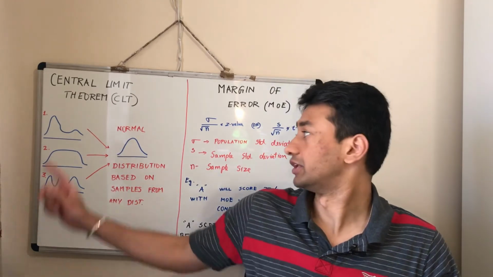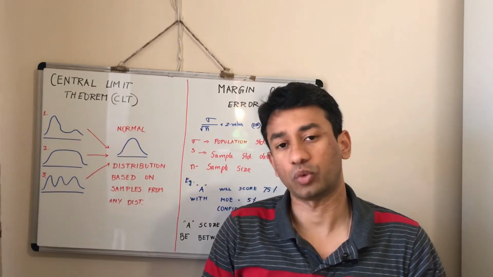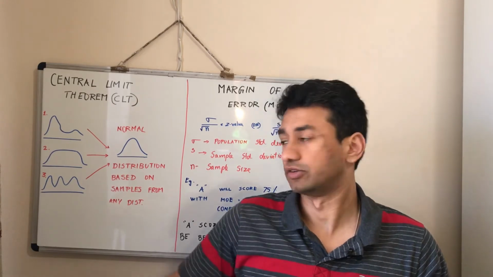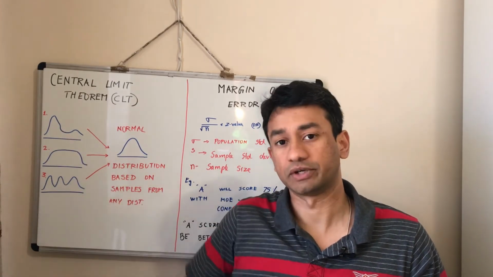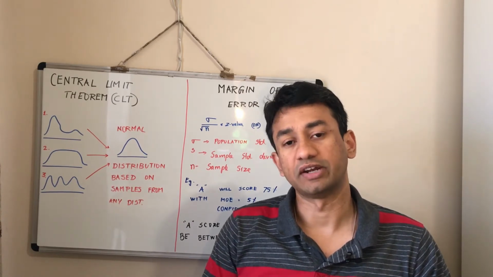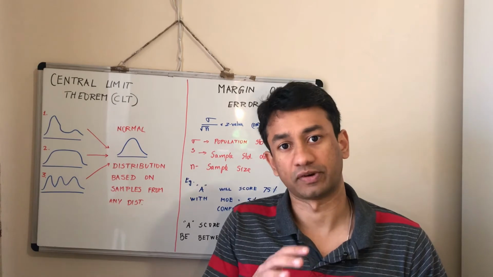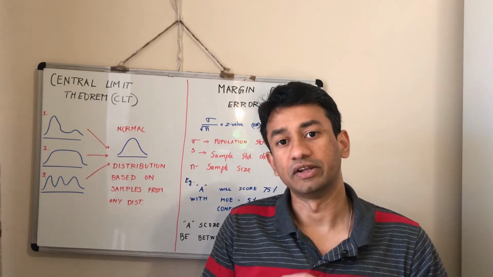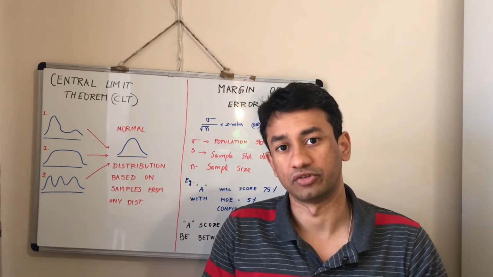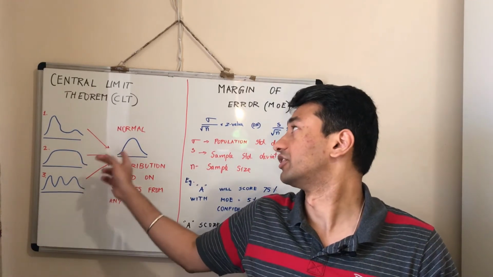As you see in the diagrams over here, what it says is whatever the actual distribution of the data, let it be 1, 2 or 3, when you continue to take a number of samples from the actual data, the mean of those samples would end up on a normal distribution. It tends towards the normal distribution.